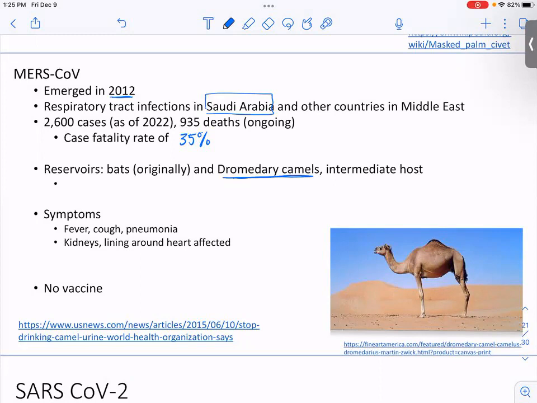But when we know somebody has this, it's pretty severe. Again, we think originally some kind of bat was the original host, but now mostly people contract it when in close contact with camels.